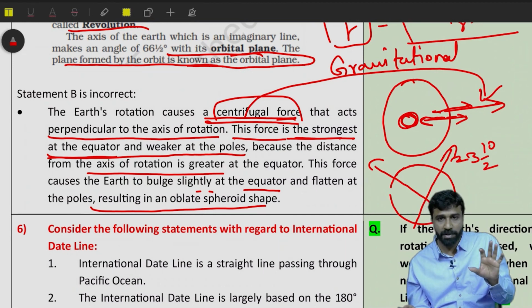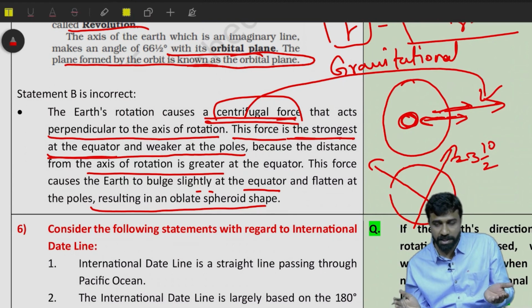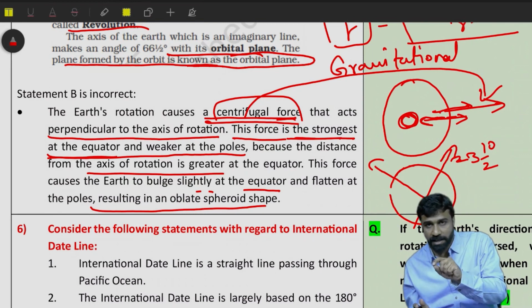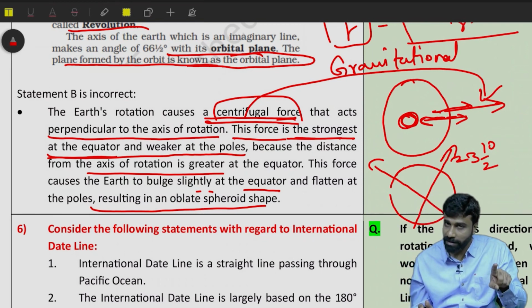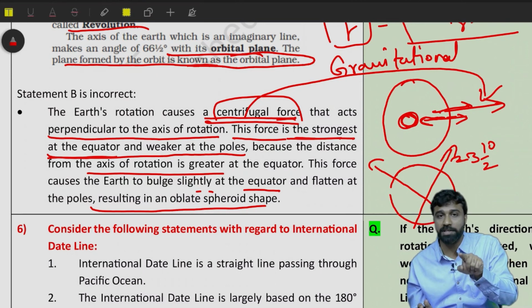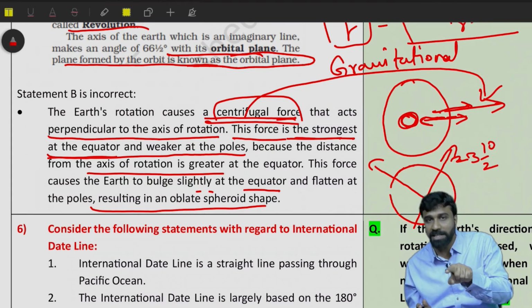This is very simple, and this formula is based on the masses of the two objects, which are directly proportional to the force: if the mass is higher, the gravitational force will be higher. If the radius is higher, the gravitational force will be lesser because of the inverse relationship.